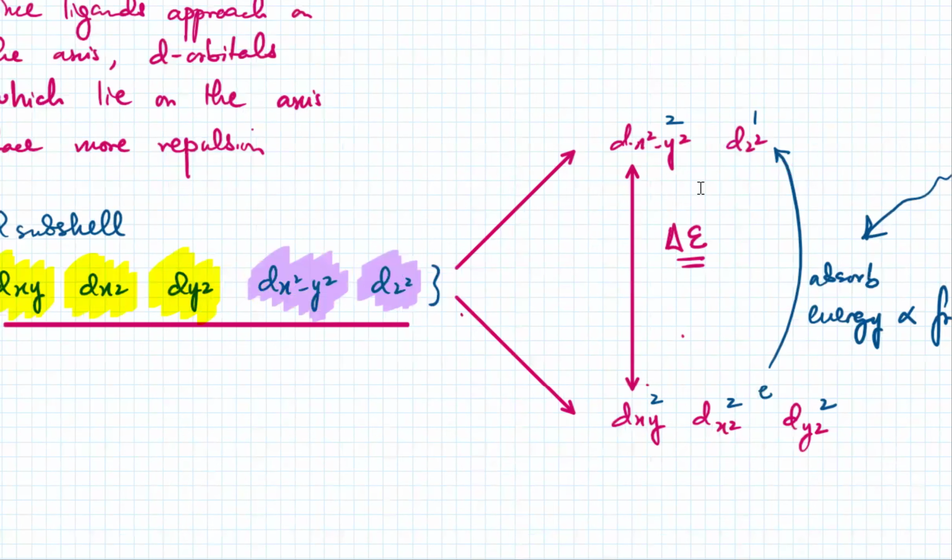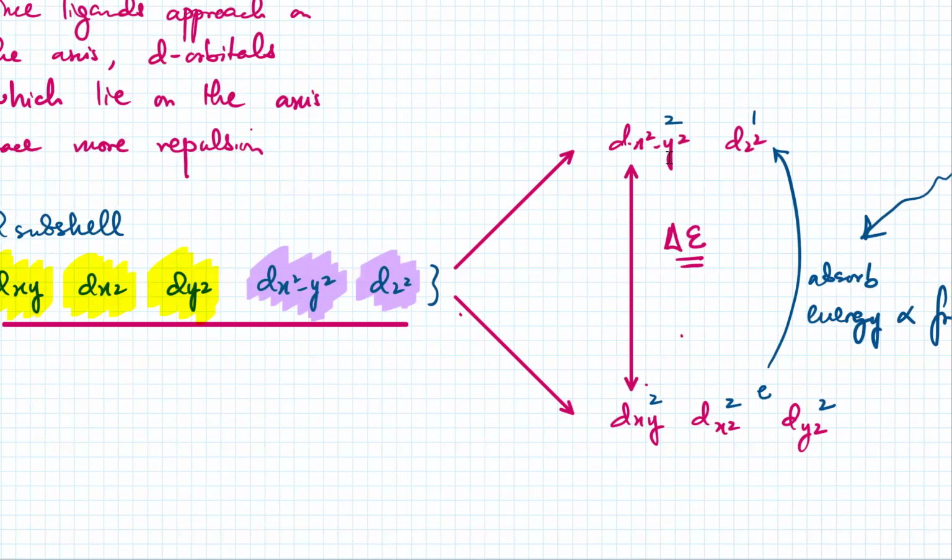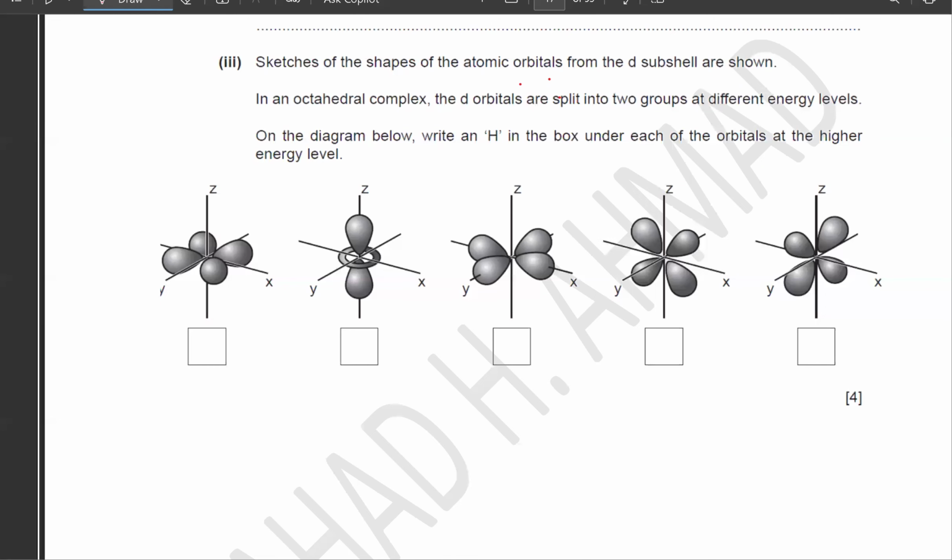So the orbitals that are on the axis will be at the higher energy level. Which ones are on the axis? This one and this one. Is that clear?